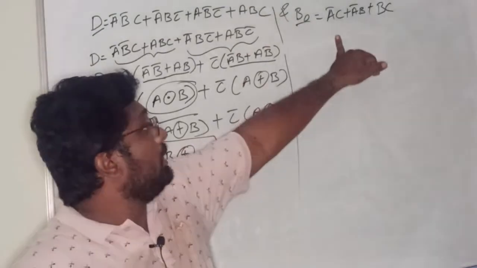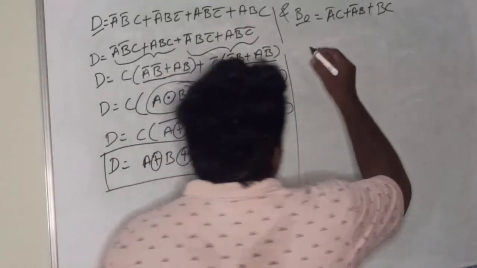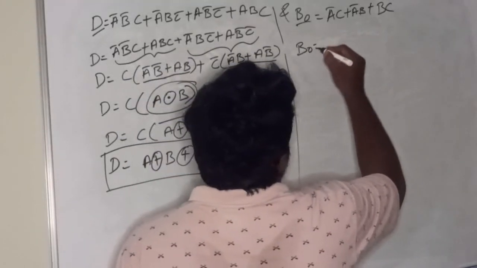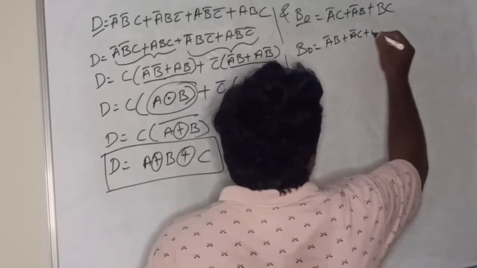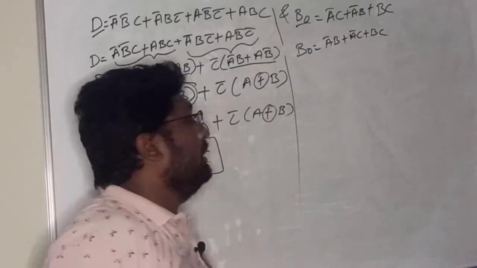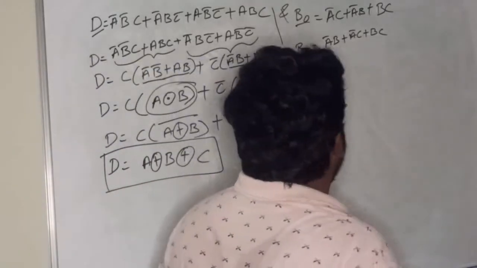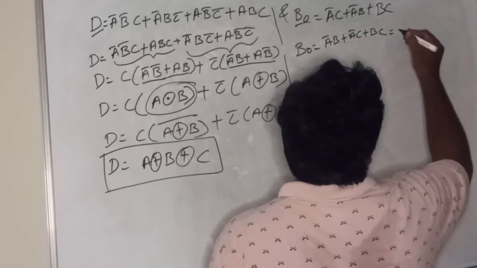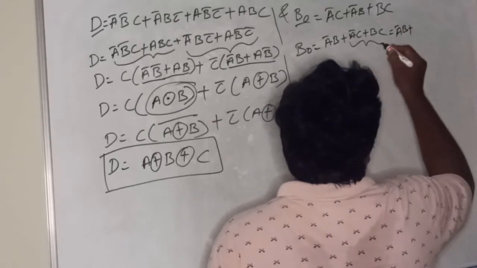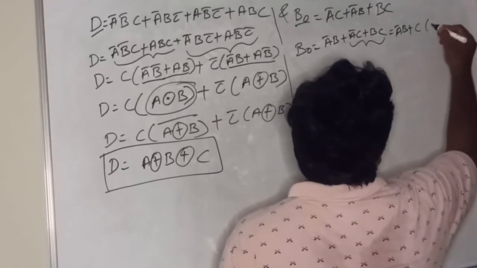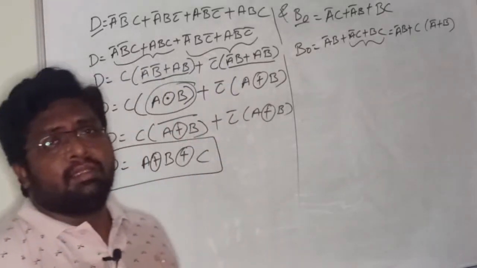To simplify this, the borrow B naught is equal to A complement B plus A complement C plus BC. I have just rearranged the terms present in the borrow B naught. So now I can write it as A complement B plus, by observing these two terms, I have C as common, C into (A complement plus B), right?